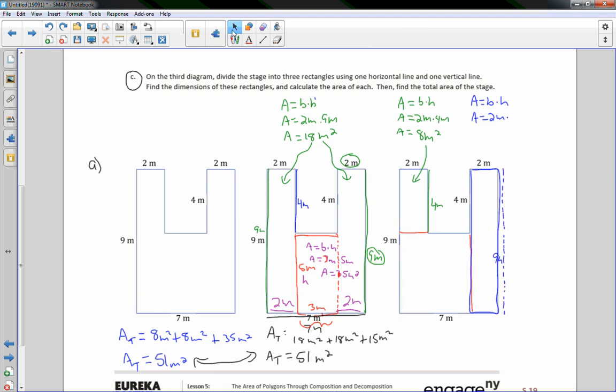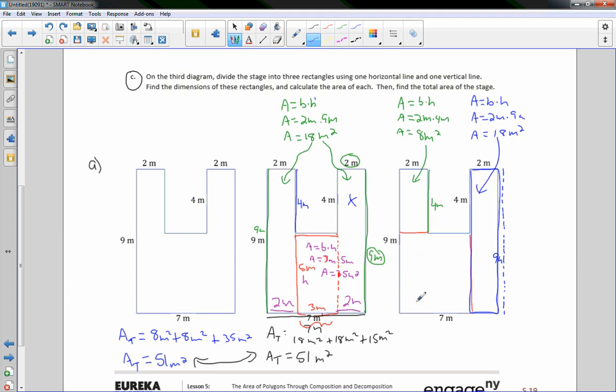So that is my height. So it's 2 times 9. So the area of the blue rectangle is 18 meters squared. And actually we did it right here. It's the same rectangle. Okay, so now I have this area of 8 meters squared. I have this area of 18 meters squared, and now I need to find the area of this rectangle.